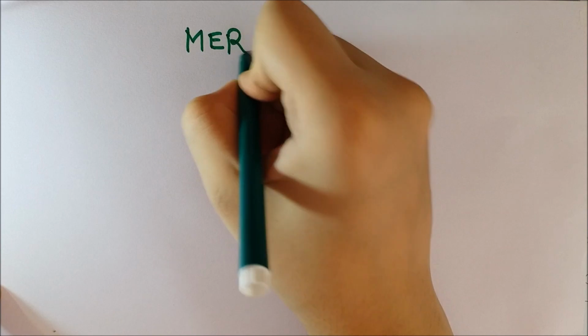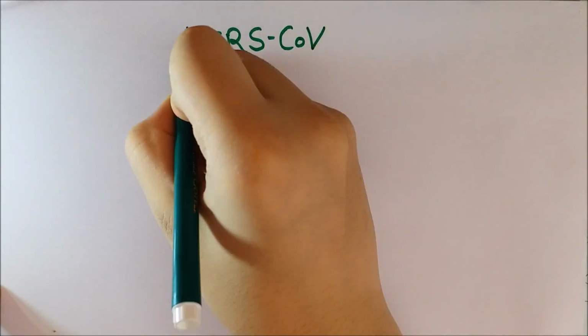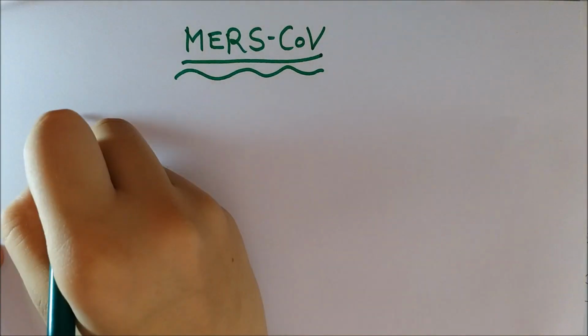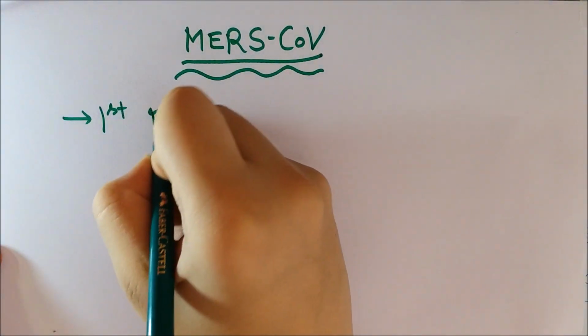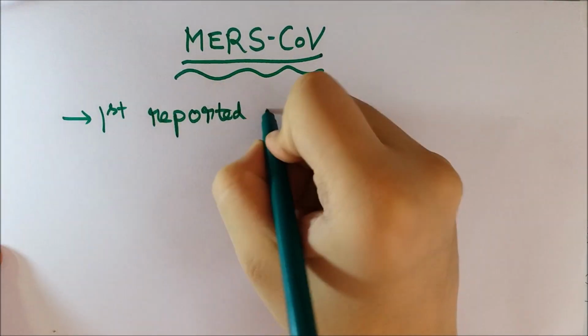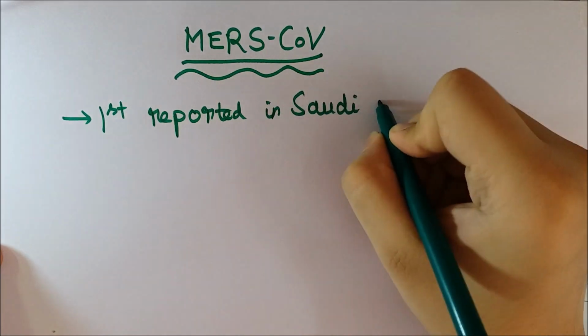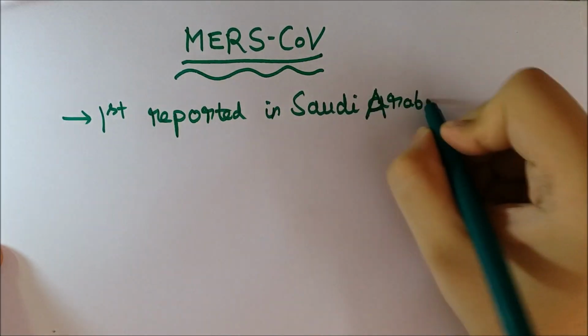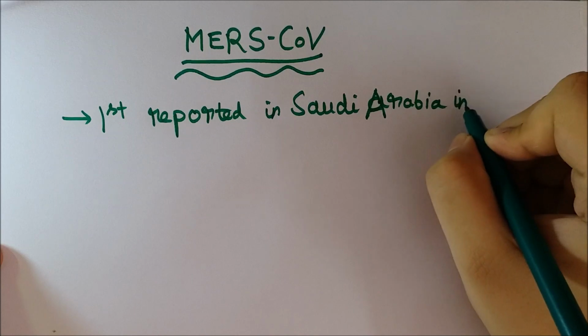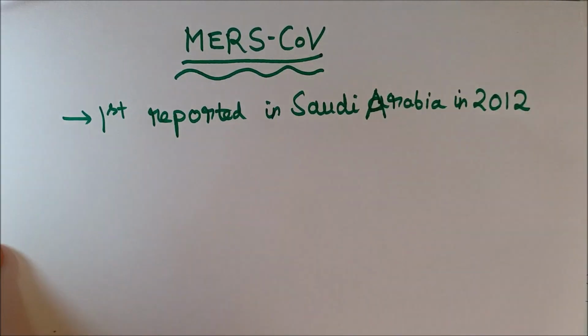Now let's discuss something about the MERS coronavirus, or the Middle Eastern Respiratory Syndrome coronavirus. Why is it called Middle Eastern Respiratory Syndrome? Because it was first recognized in the Middle East, Saudi Arabia, in 2012.